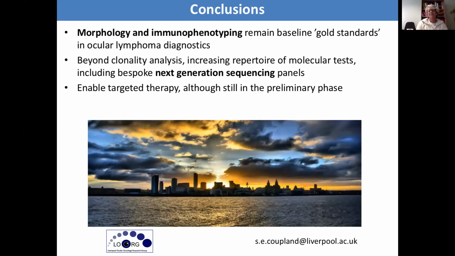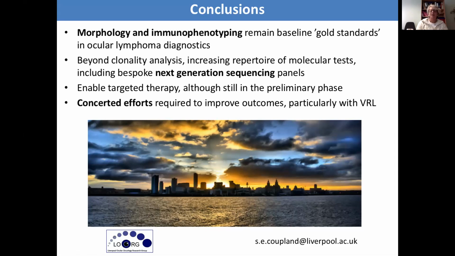This does enable targeted therapy, particularly if there is a particular mutation such as MYD88, which might be targetable in future. And it's only through this concerted effort, since these tumors are rare, that we'll be able to improve the outcomes, particularly of those patients with vitreoretinal lymphoma.